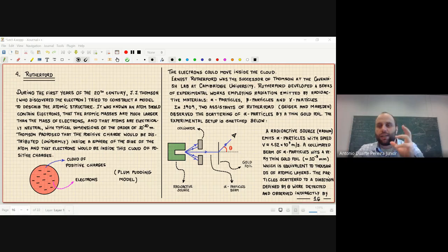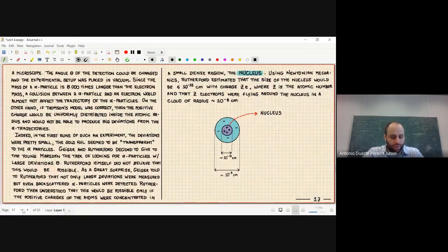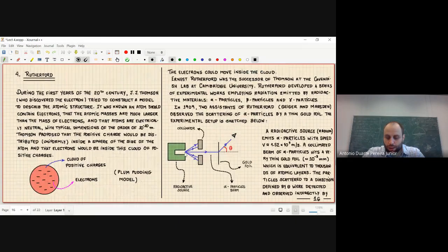And this was the insight that Rutherford had and said, well, if I see those alpha particle beams being largely deviated or even backscattered, then I will assume that the positively charged particles are concentrated in a small region.